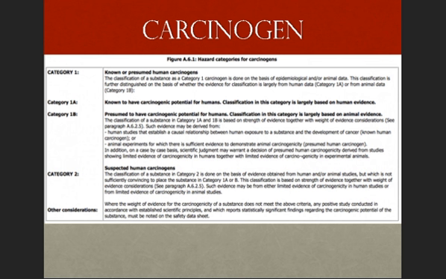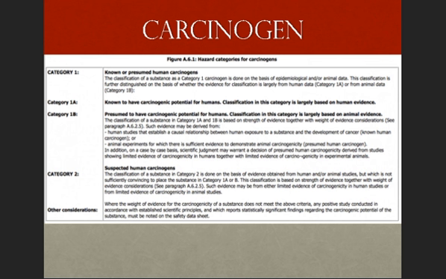Similarly, carcinogens are broken up into 2 categories, Category 1 and Category 2. Category 1 is further separated into Category 1A and 1B. If you can turn your attention to the chart listed on the screen, Category 1 carcinogens are predominantly known or presumed to cause cancer.